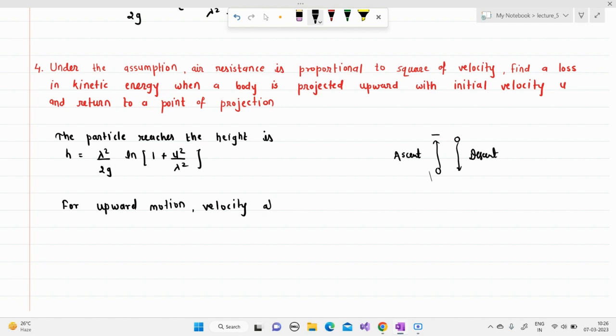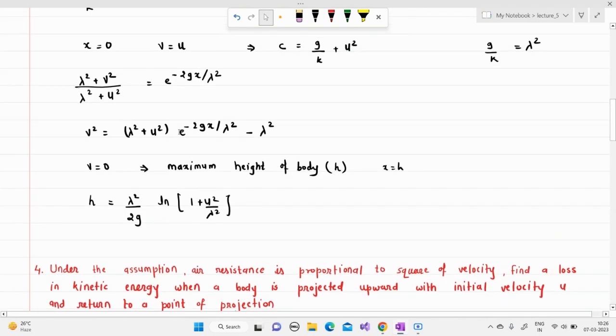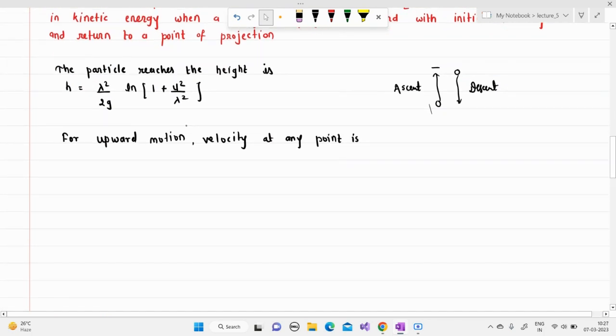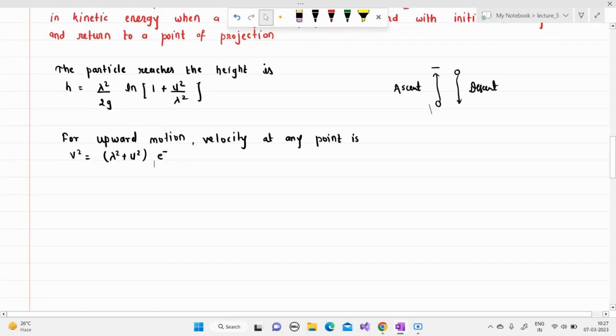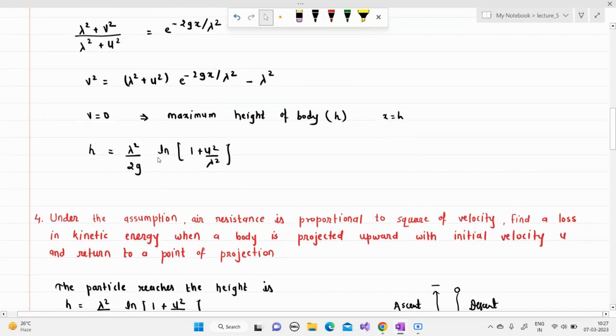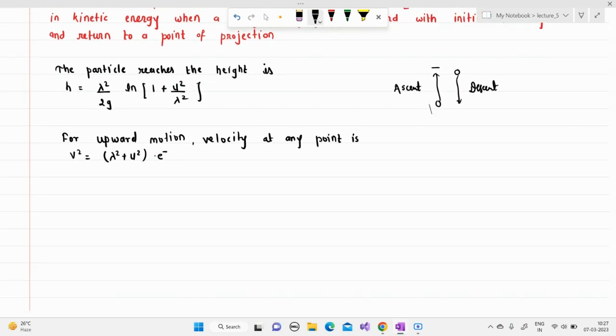Velocity at any point: v square is equal to lambda square plus u square e to the power minus 2gx by lambda square minus lambda square.